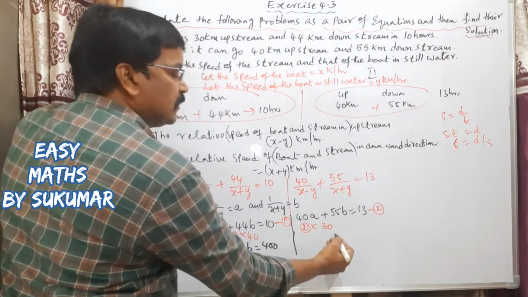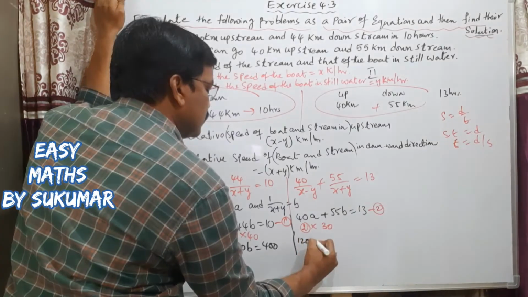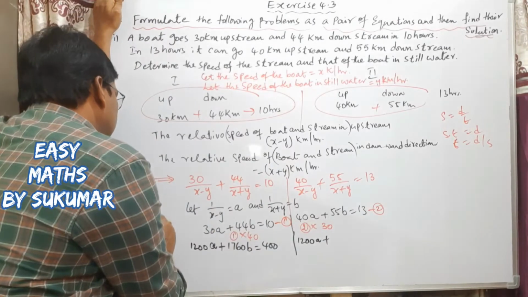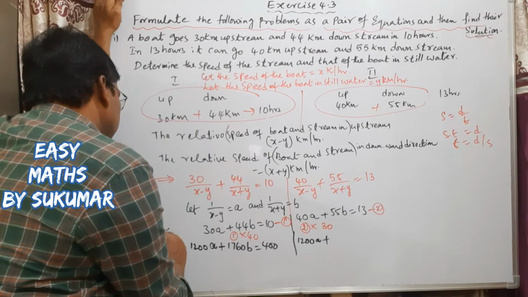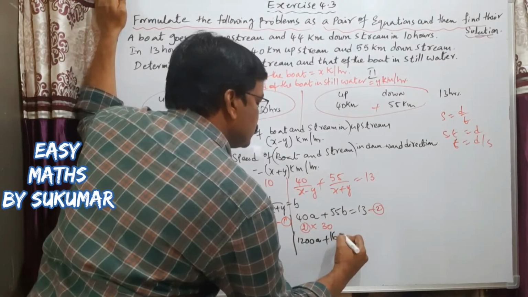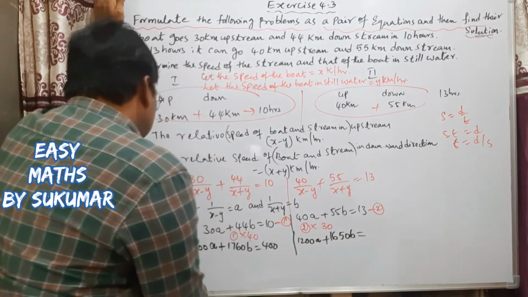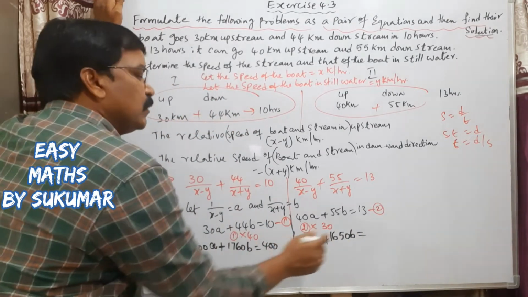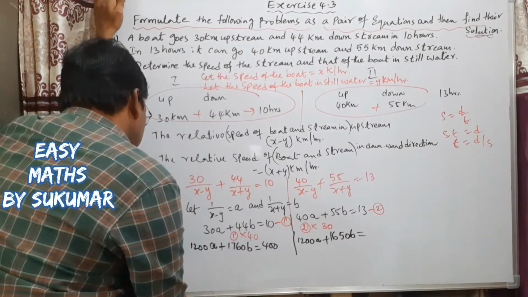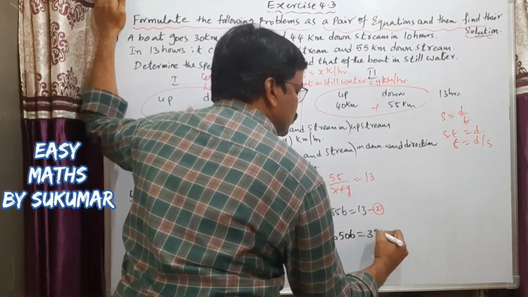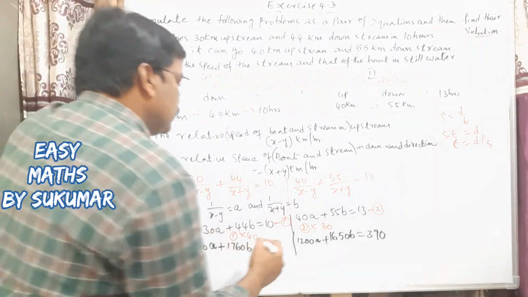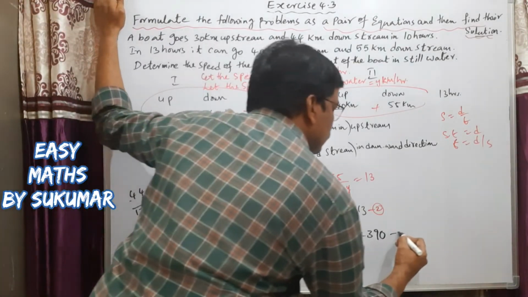Similarly, 30 into 40 is 1200a plus 30 into 55 is 1650b equals 13 into 30, which is 390. I think you can see the board, right? So this is equation 3 and this is equation 4.